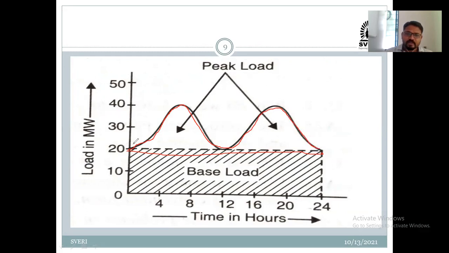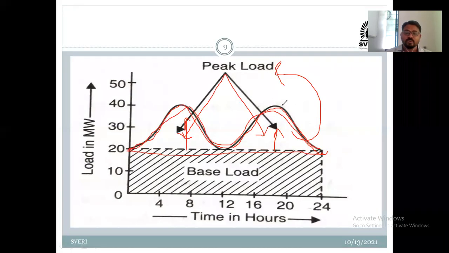Whatever demands or loads are there above this base load, that load is considered as the peak load.